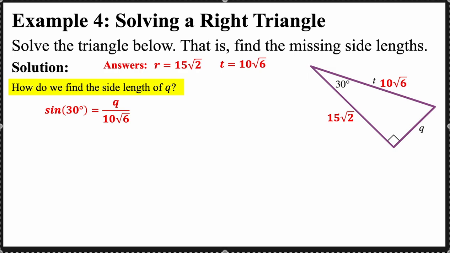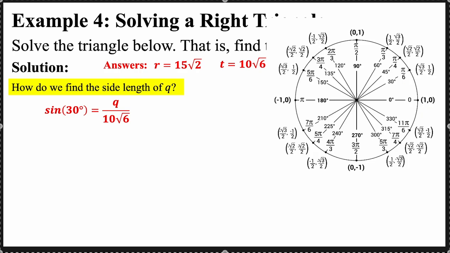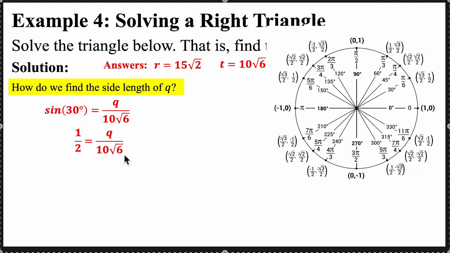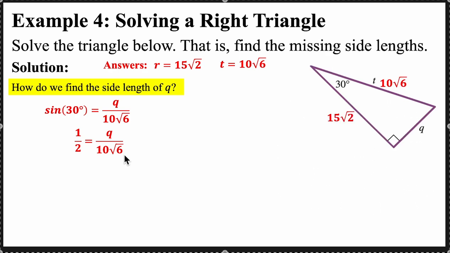Now, the sine of 30, we're going to look at the unit circle. 30 degrees right here. The sine value of 30 would be the second number in the parentheses, which in this case would be 1/2. So sine of 30 could be replaced by 1/2, so you get 1/2 equals q over 10 root 6. Now the next step from here would be to multiply both sides by 10 times the root 6.